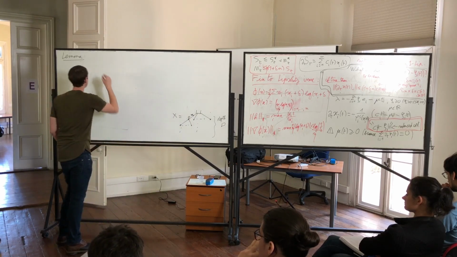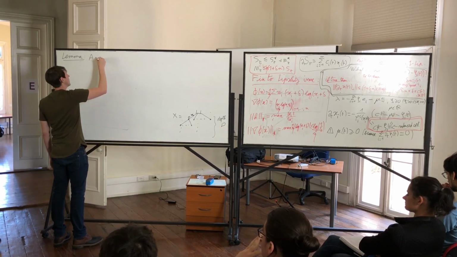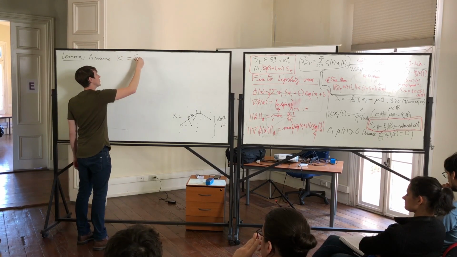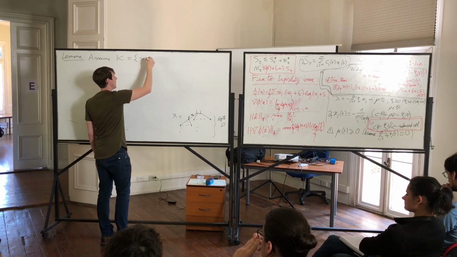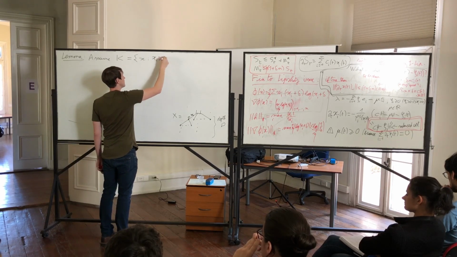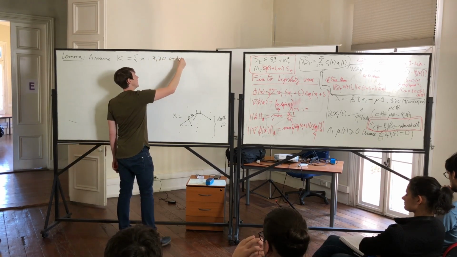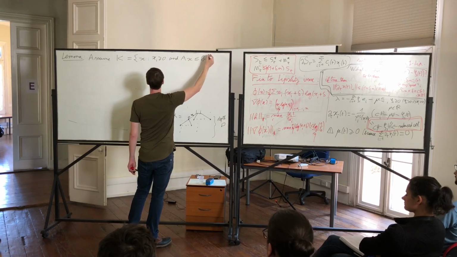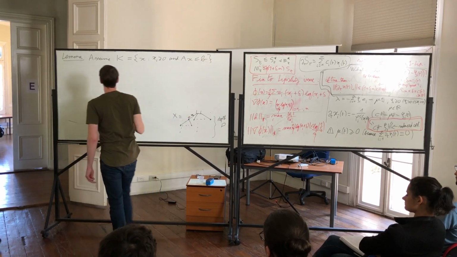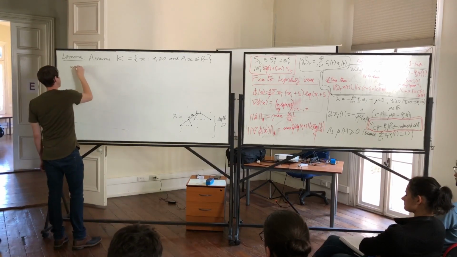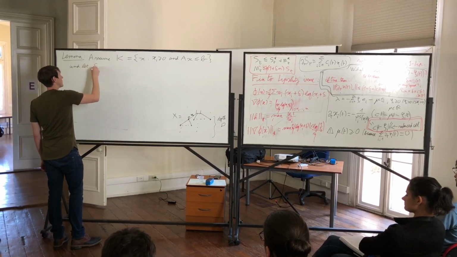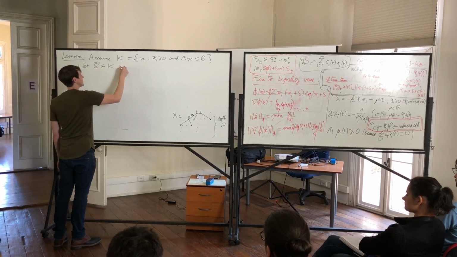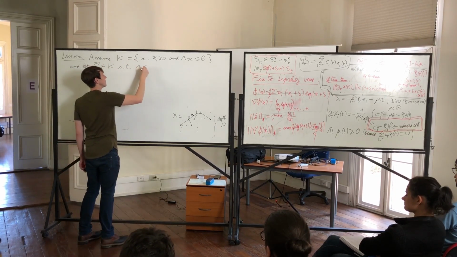So assume K is of the form all the x such that the x_i are non-negative, and Ax is smaller than b for some matrix A. And let delta in K be such that A delta is in fact equal to b.